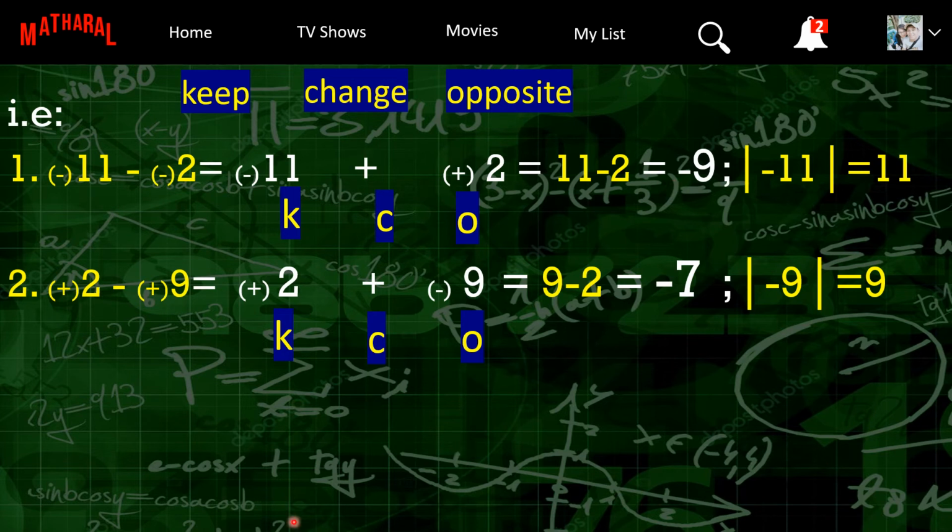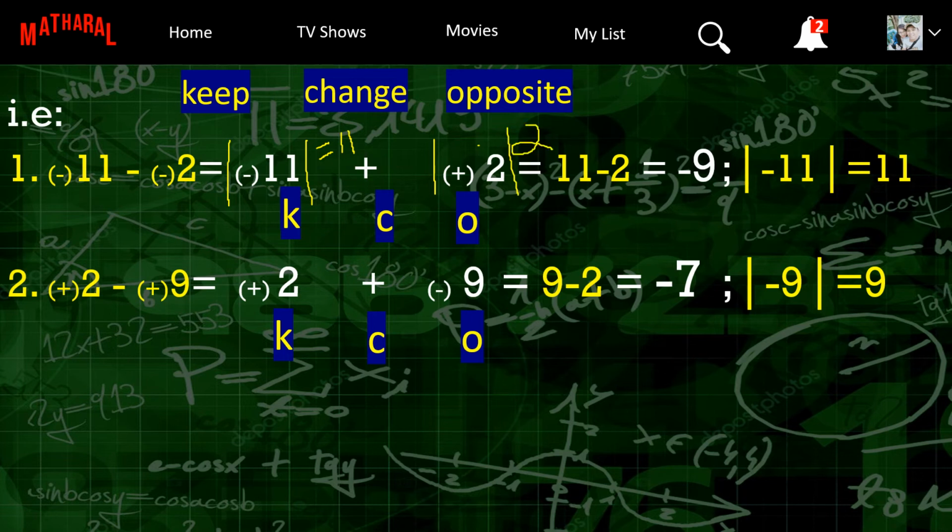Okay? So balik ulit tayo rito po. We're going to take the sign of the highest absolute value of integers. The absolute value of negative 11 is 11. The absolute value of positive 2 is 2.